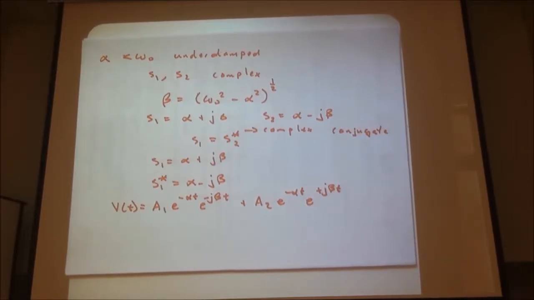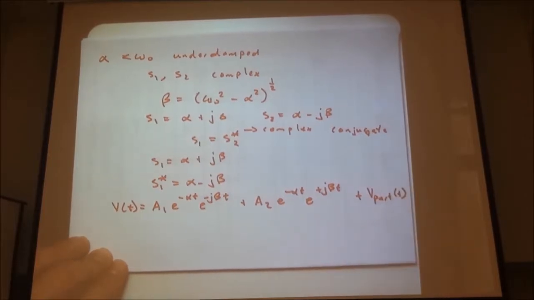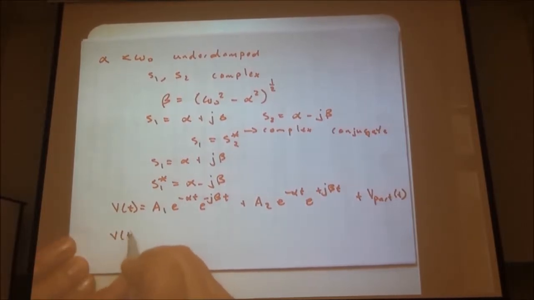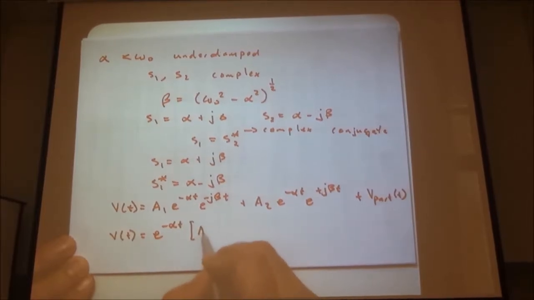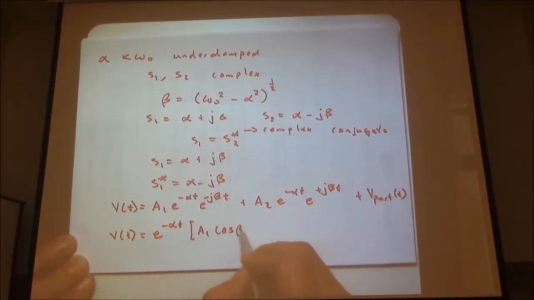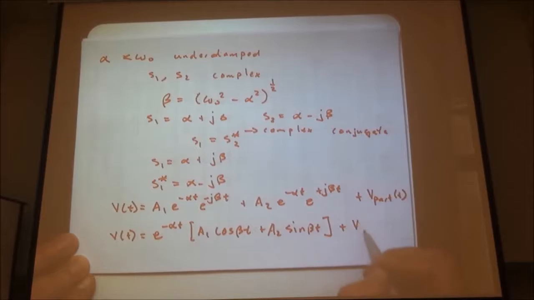So again, you can multiply those together. We wrote them slightly different last week. And then again, v particular. We can write it like this, but for the problems we'll solve with our differential equations, it's a little bit easier to write it as e to the minus alpha t, A1 cosine beta t plus A2 sine beta t plus v particular.